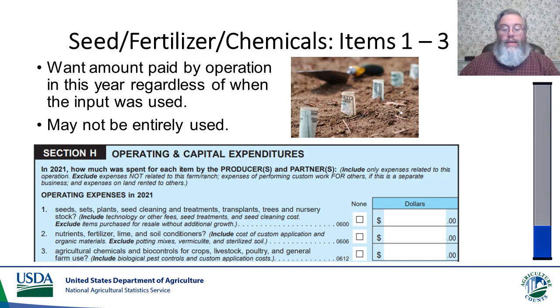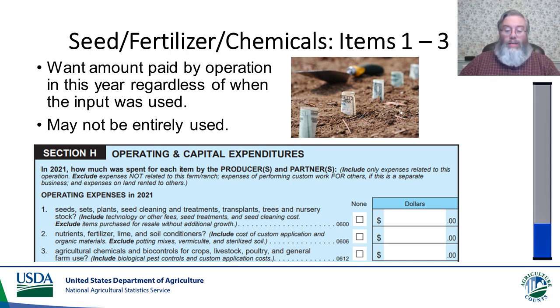The first 3 questions in Section H ask about expenses for seed, fertilizer, and chemicals purchased during the reference year, regardless of when the input is used. Operations often pre-purchase items such as seed, fertilizer, and fuel during the fall for use during the following year.